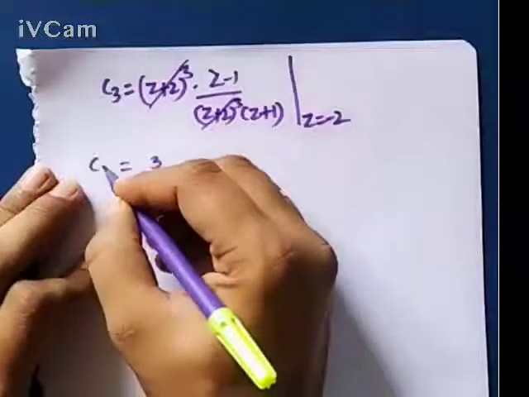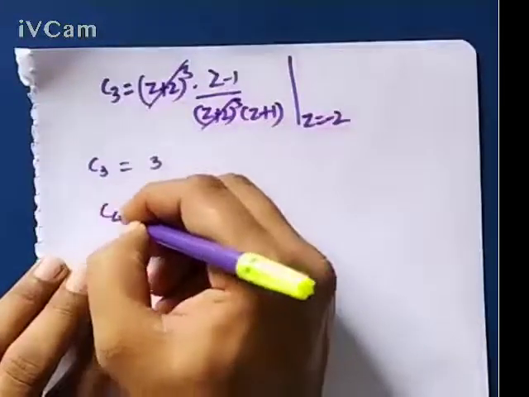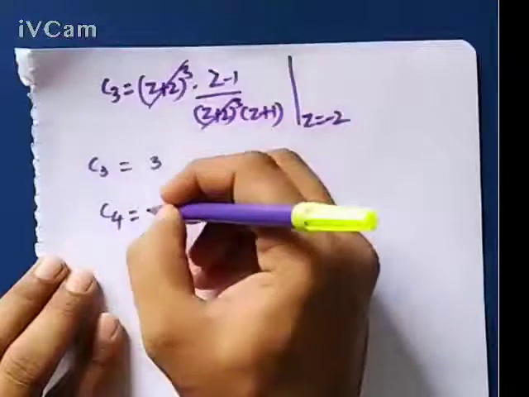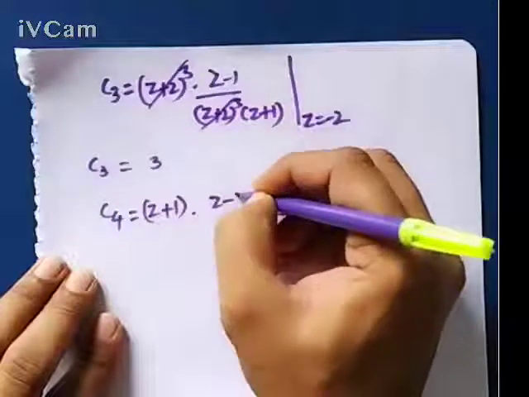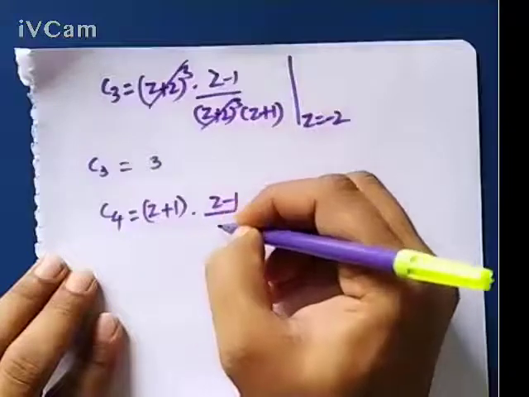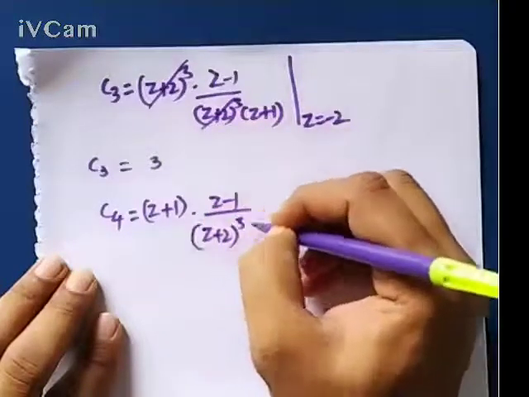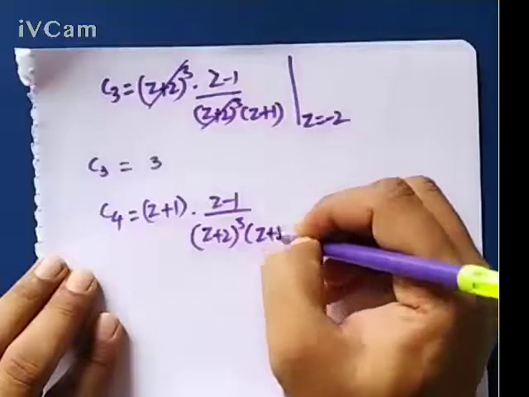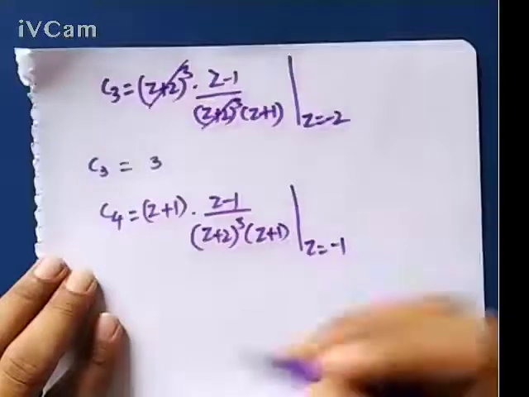C3 equal to 3, and similarly C4, that will be z plus 1 into z minus 1 upon z plus 2 whole cube into z plus 1 at z equal to minus 1.